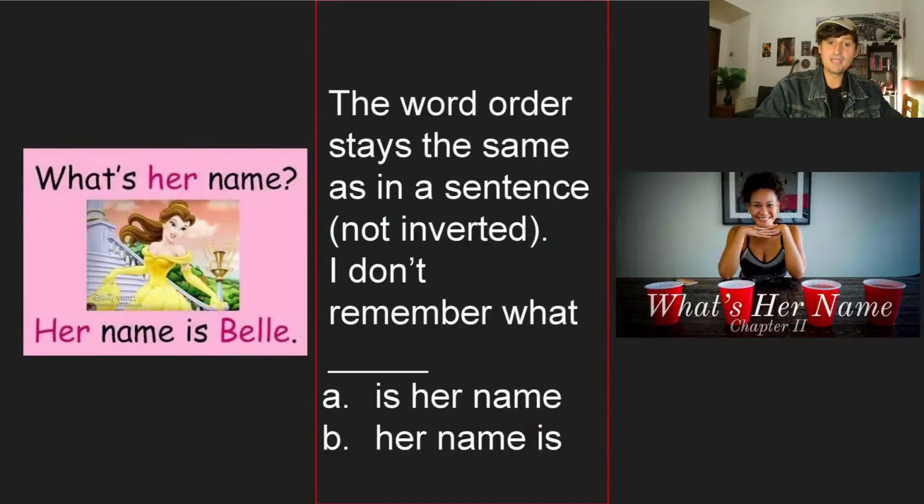So the question words, what, where, how, who, etc., go first, then the verb, then the subject. So there's an inversion. But check this out. When you have an indirect or embedded question, you don't invert it.